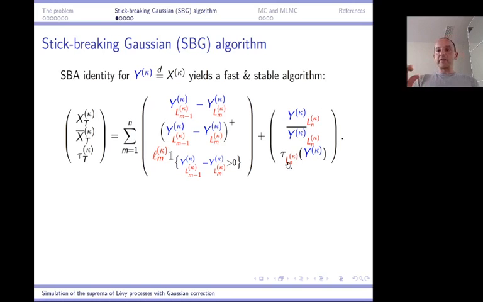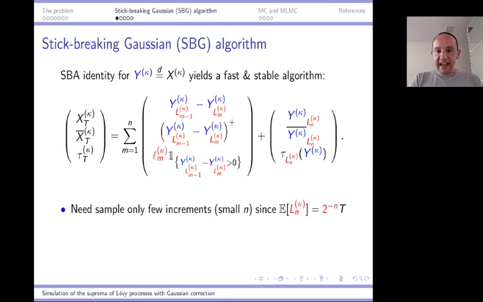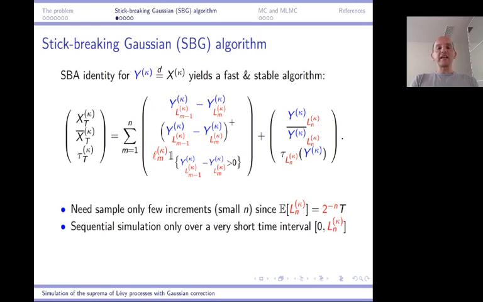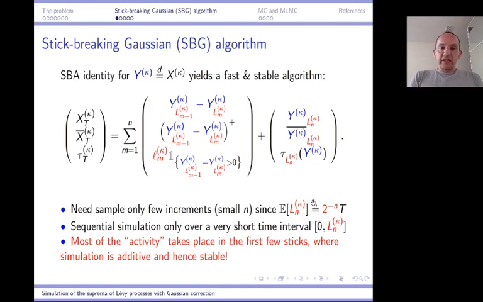I can also sample the remainder exactly using the algorithm on the previous page, because the interval l_n, you see, the length of the final stick is going to be very small because it's geometrically decaying. So the numerical instability will not kick in, and I don't need to use even very big n to do this. Now the key observation, as always in these things, is that most of the stuff happens in the first few increments, right? That gives me most information about the thing that I'm interested in.